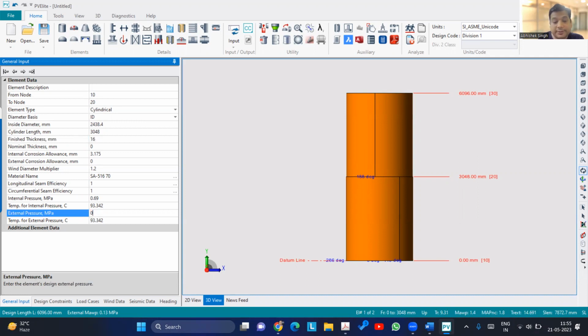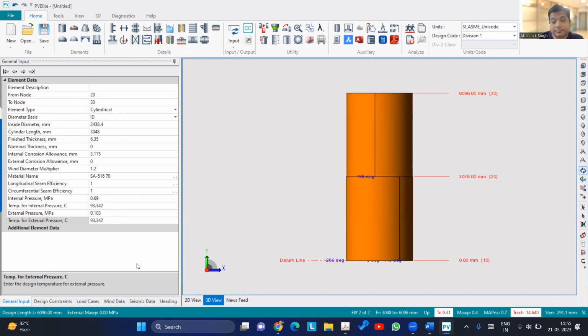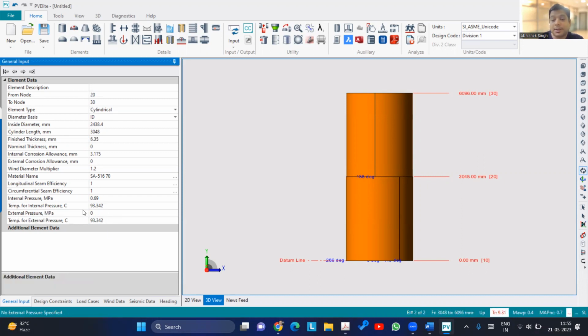That will make our life easier. Now let us increase the thickness, make it 10, for the second one and also the first one. So we have both elements with the same data.